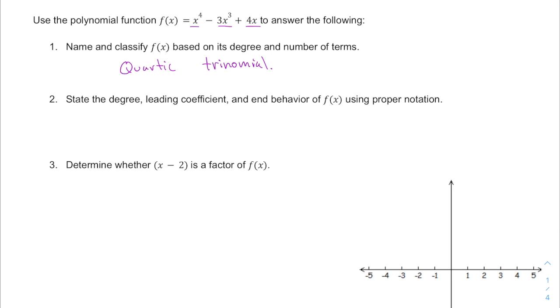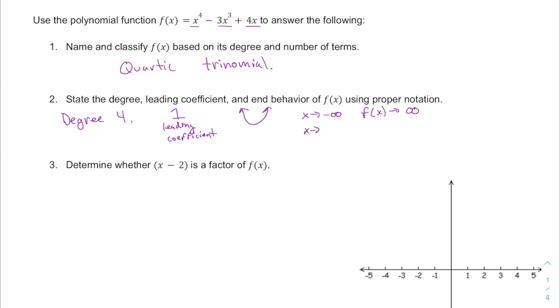Okay. As we just mentioned, the degree is 4. That is the highest exponent of any of our terms. The leading coefficient of that term, x to the fourth, is positive 1. And because we have an even degree polynomial function with a positive leading coefficient, our end behavior is going to look something like this, which means that as x goes to negative infinity, f of x is going to go to positive infinity.